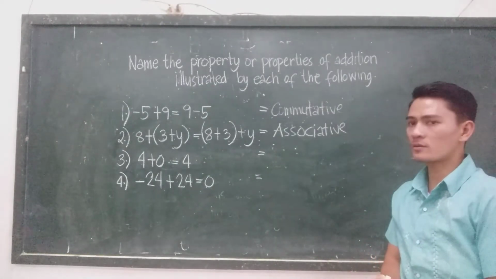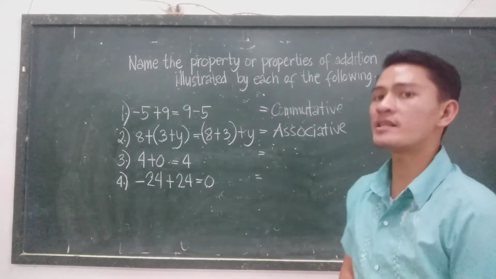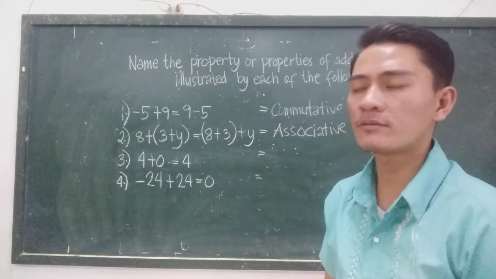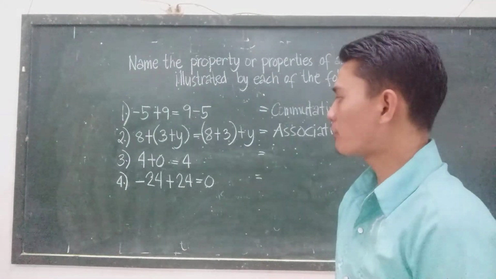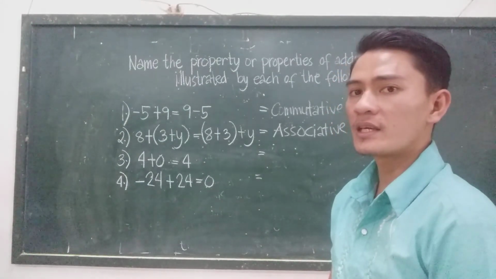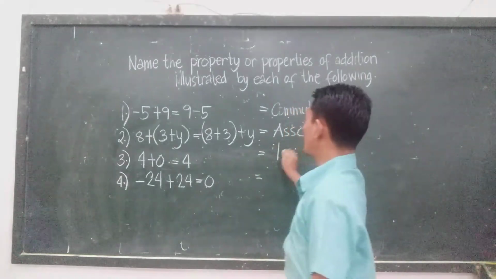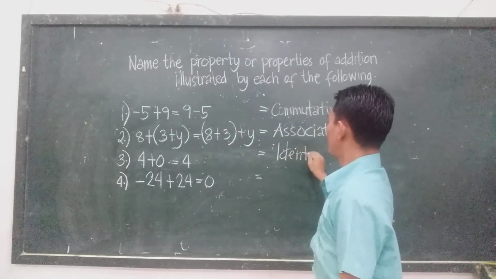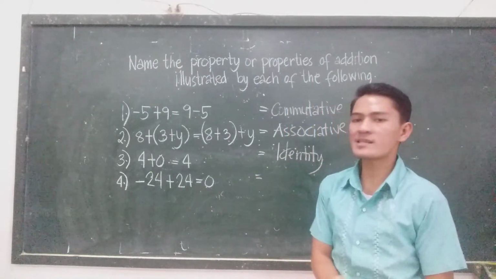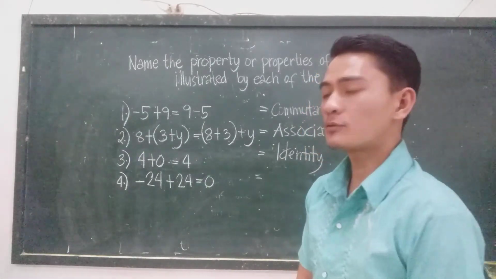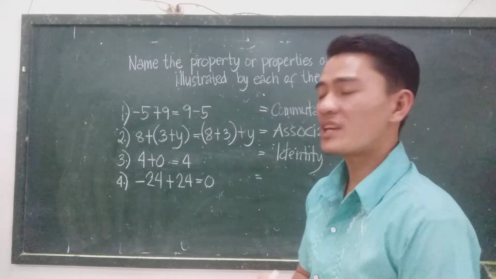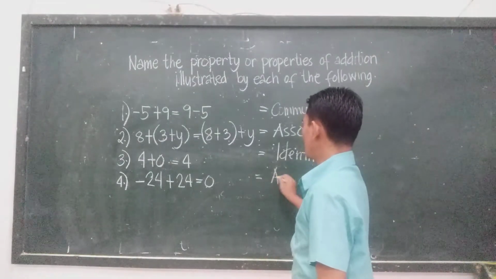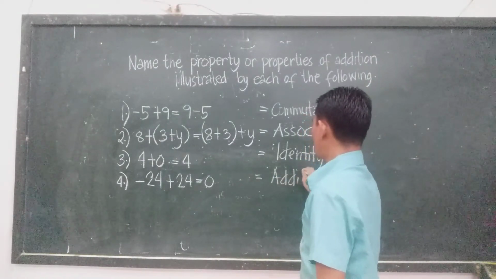Since we have 0, called the identity element of integers, it is understood that 4 plus 0 is equal to 4, which is the identity property. Next, the last number: negative 24 plus 24 is equal to 0. It is the additive inverse.